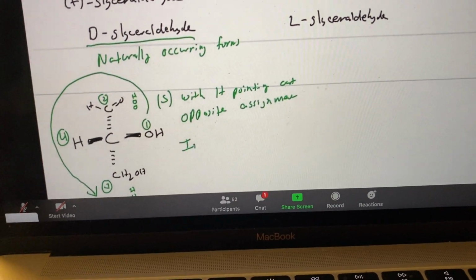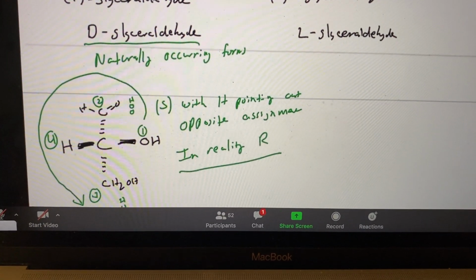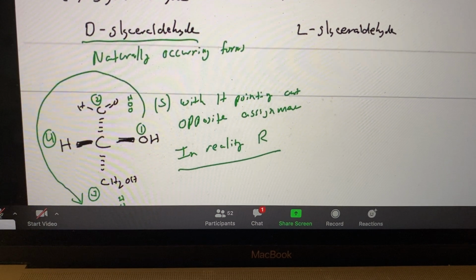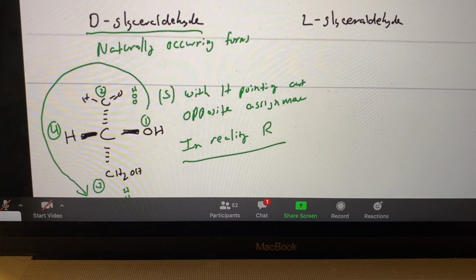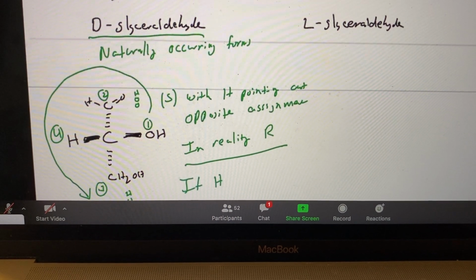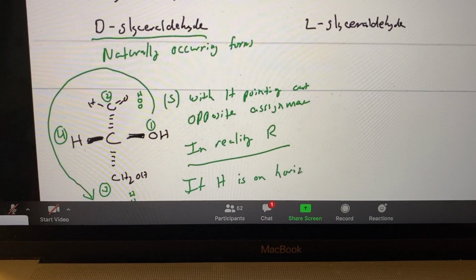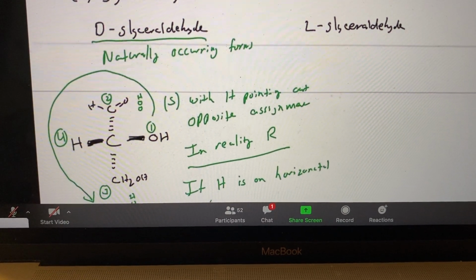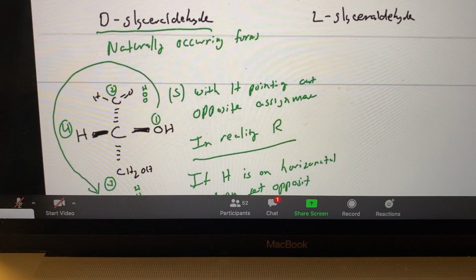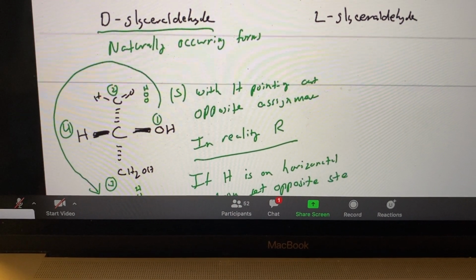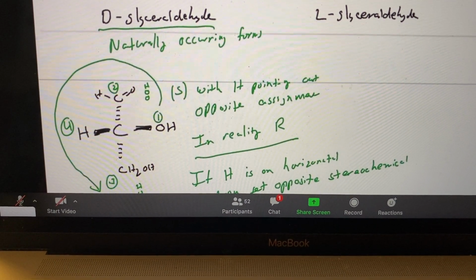So in reality, it's R. And that's how we end up. That's a quick way to assign the stereochemistry. If the H is on a horizontal line, you get the opposite stereochemical assignment. That sounds more impressive.